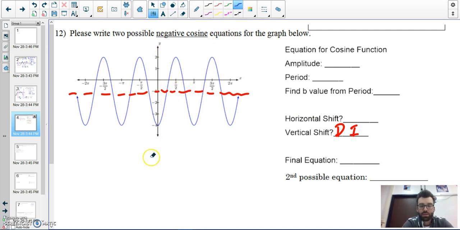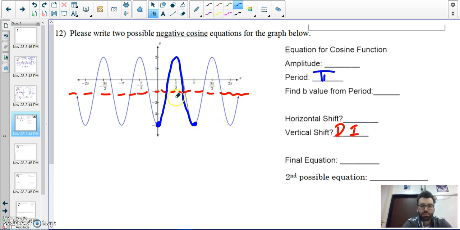I want 2 possible negative cosines. Remember, cosine starts at the maximum, goes down and back up to the maximum. If I want negative, I'm going to start at my minimum, go all the way up and back to my minimum. To complete one full cosine, my period is just pi.